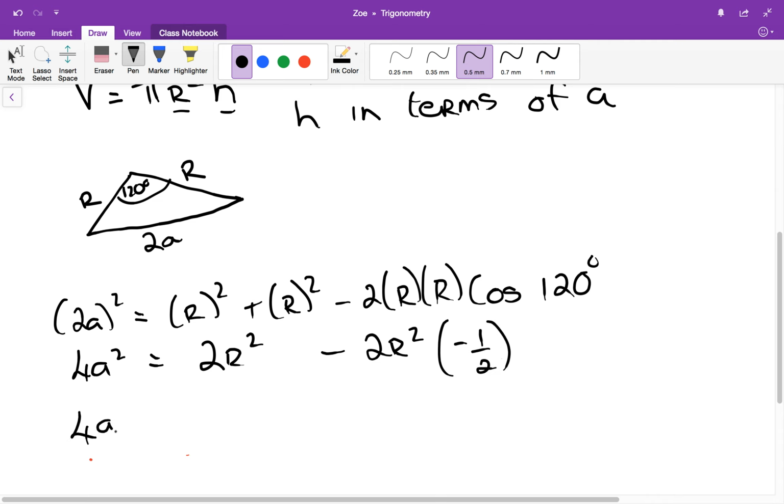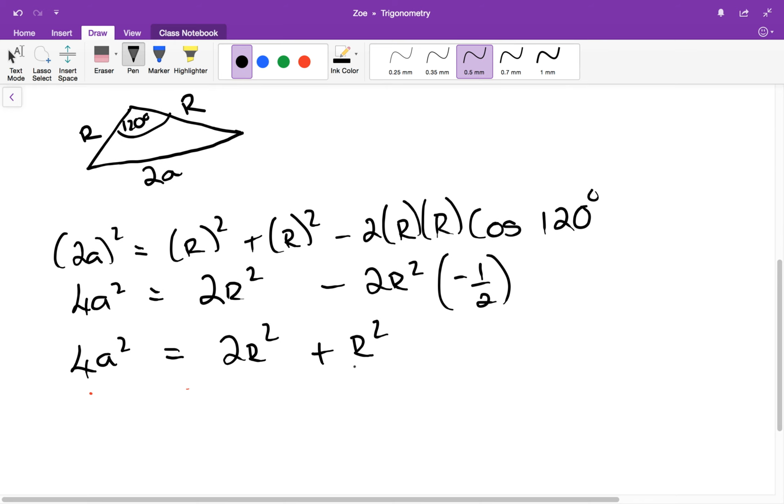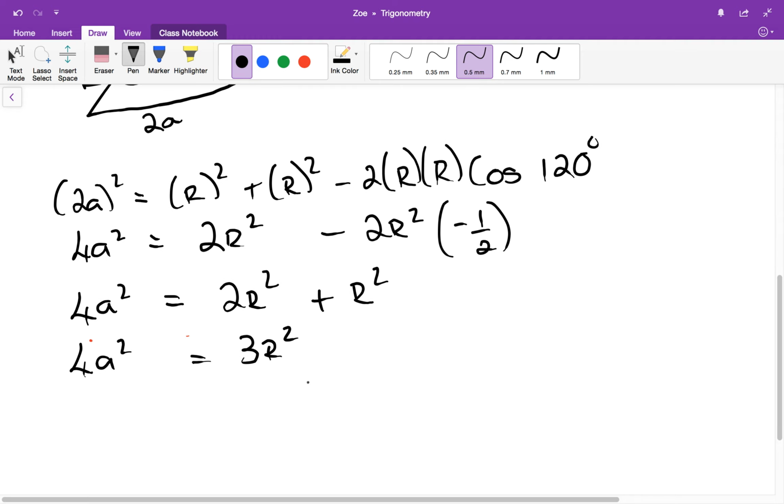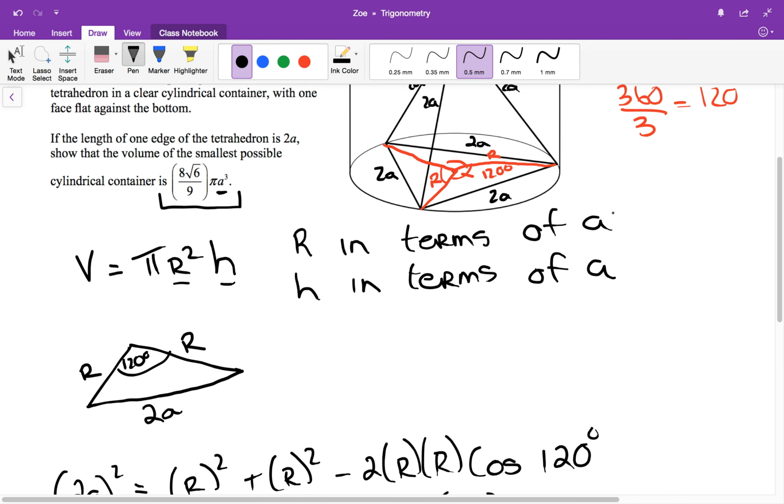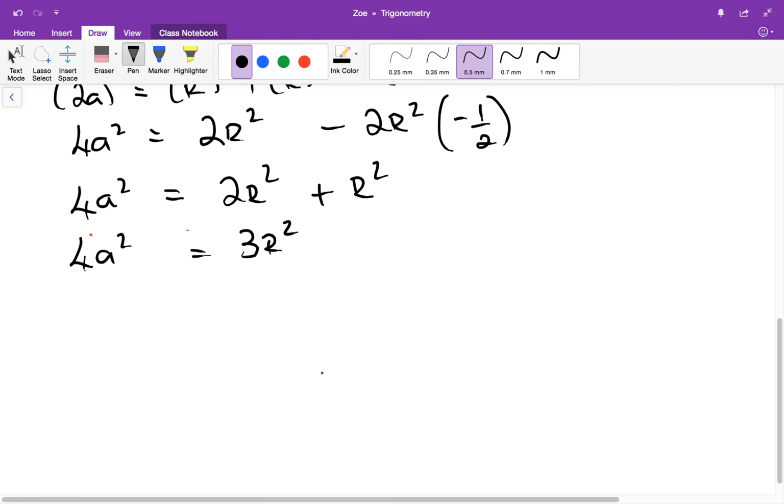So we get 4a squared equals 2r squared plus r squared. So 4a squared equals 3r squared. And I said up here that I wanted r in terms of a, so this will get me r in terms of a.